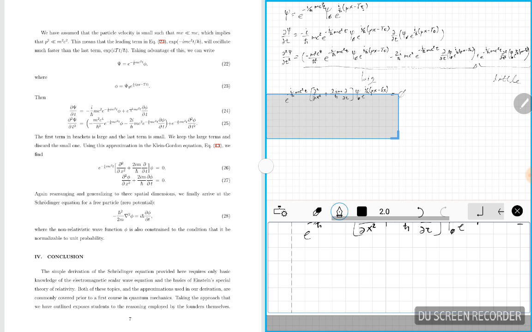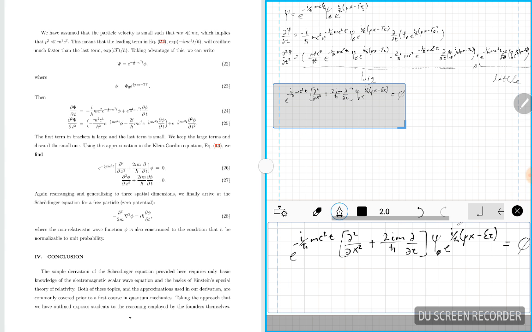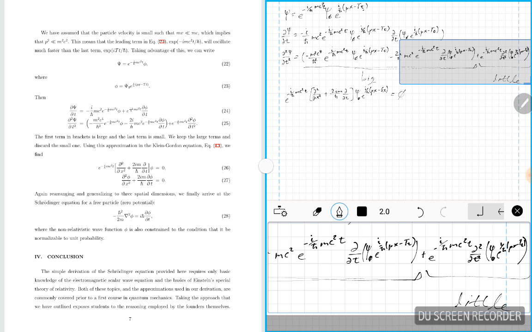So now we can simplify this a lot. It's just by using the fact that this term is small, it's not going to be important in our equation at all. So we can go ahead and discard that.